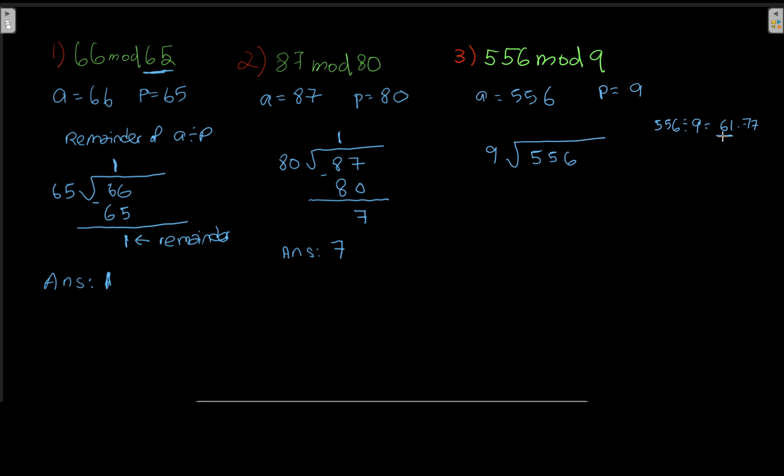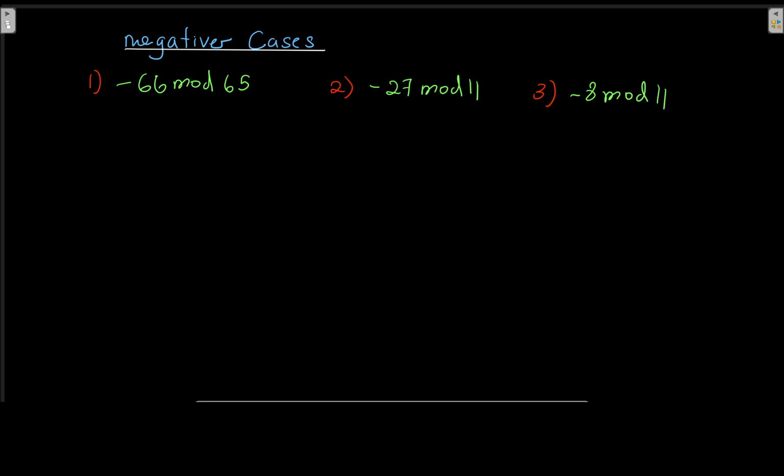So write this 61 at the quotient part over here. Now when you multiply 61 by 9, you will get 549. And when you subtract it, you will get the remainder, which is simply 7.